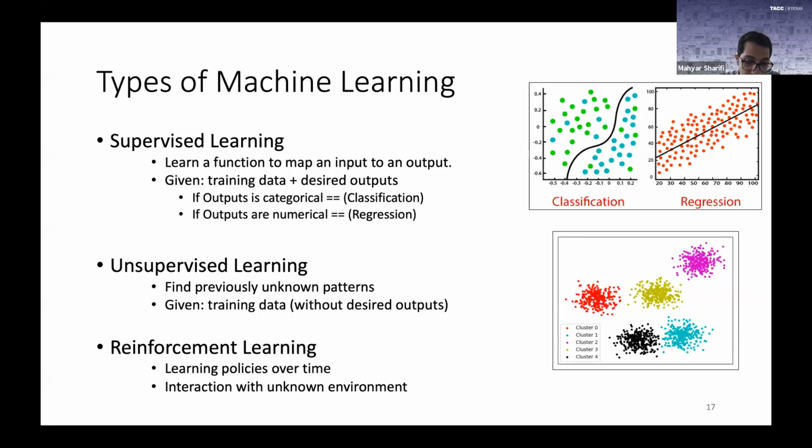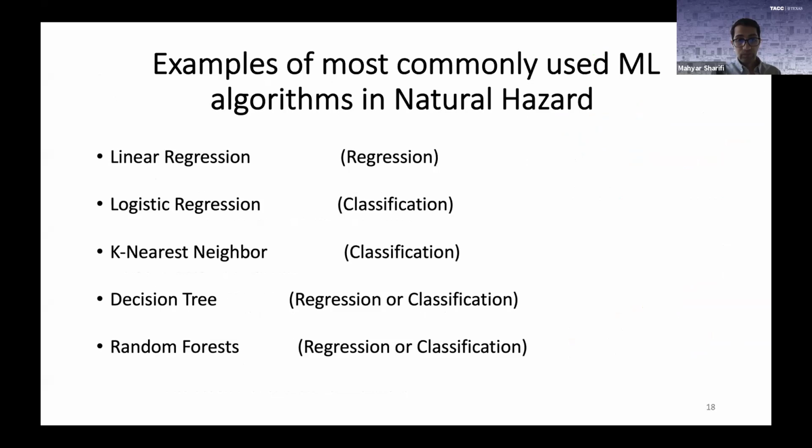One of the most famous methods of unsupervised learning is k-means clustering. And then there is reinforcement learning, which essentially sets learning policies over time while interacting with an unknown environment.